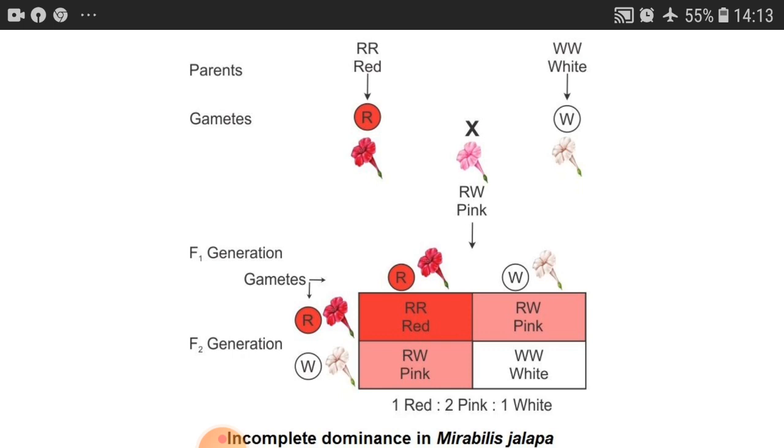Now if you have got the concept of the monohybrid cross with the dominant and the recessive part clear, then we can proceed to the next part, that is incomplete dominance, which is also known as blended inheritance, although the characters don't actually blend.